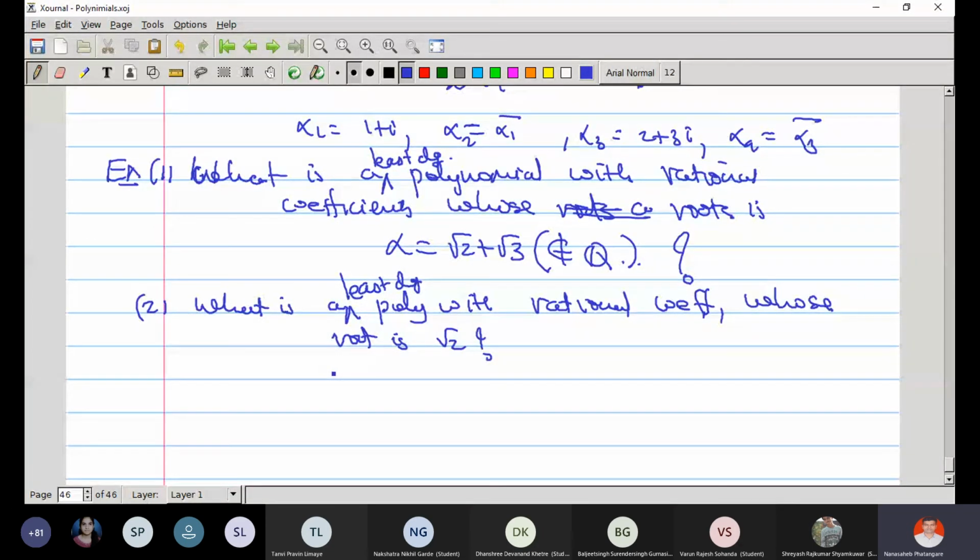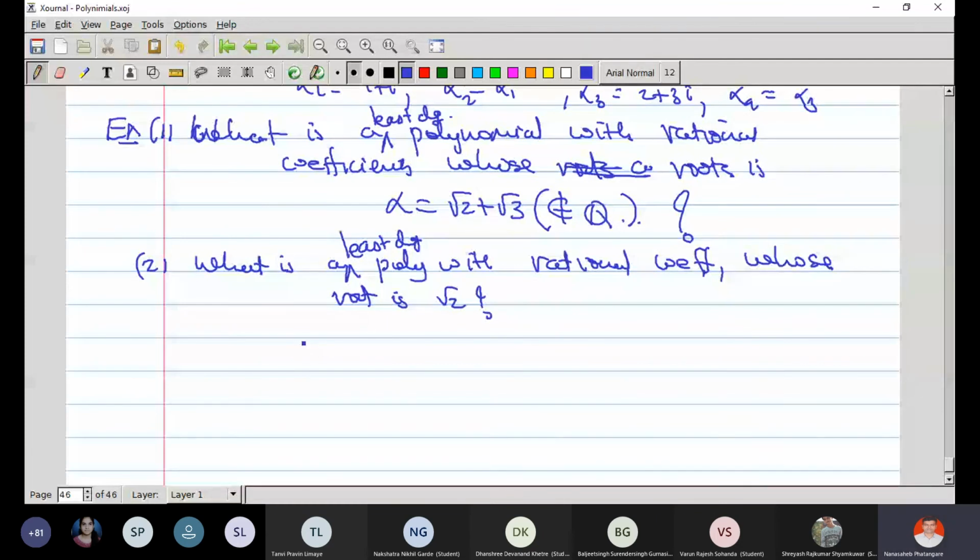And what is the answer? x square minus 2. There is no degree 1 polynomial whose root is square root of 2 and coefficients are rational.